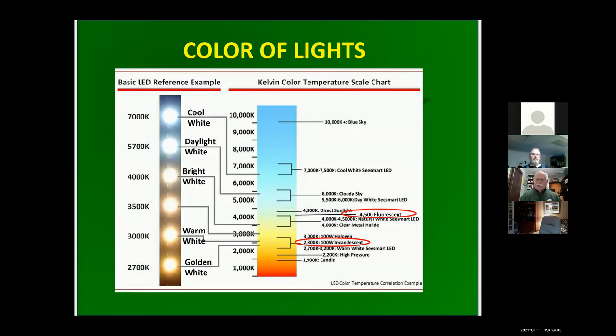So you want to think about having LEDs down in this area, 3000K, which is your measure of how intense the color is. Over here, you can see a 100 watt incandescent bulb is at 2800K, okay? A fluorescent bulb is about 4500K.